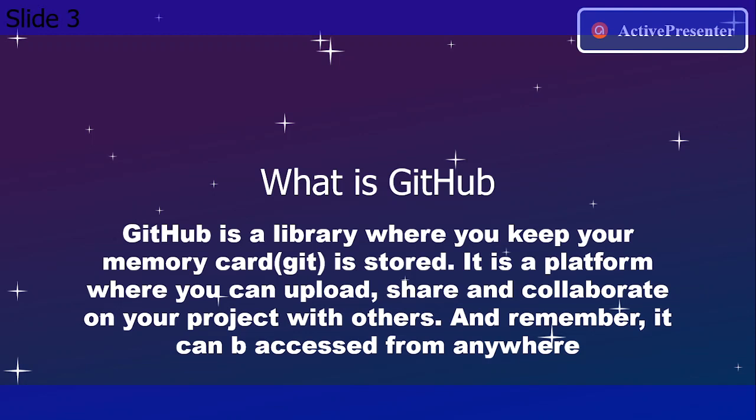It can be accessed from anywhere in the world. As long as you have an account and you know your username and password, you can log in to GitHub from anywhere.